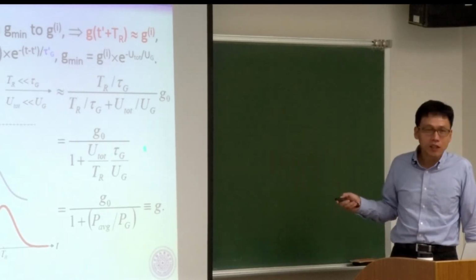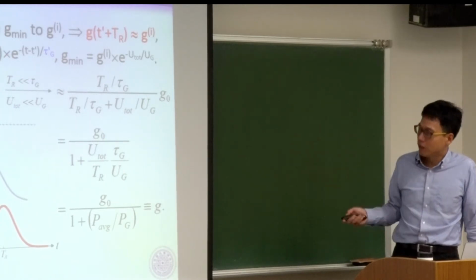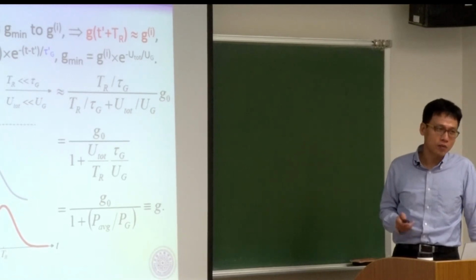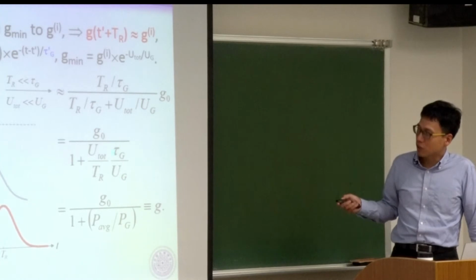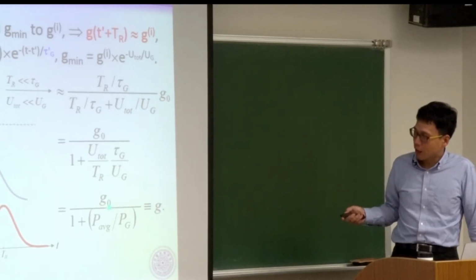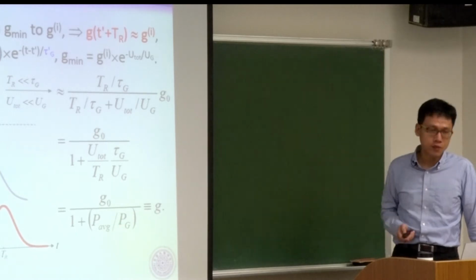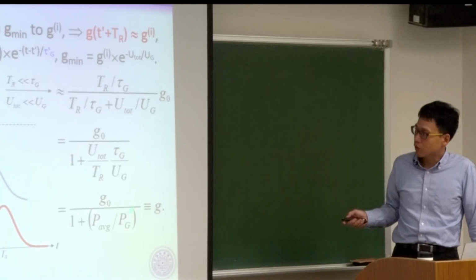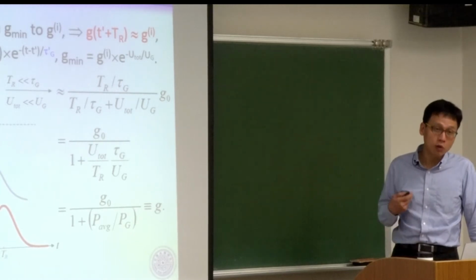How about the second one? Tau g over UG. There is a definition as well. This is the so-called saturation power of the gain medium. Okay? So the 4 terms can be simplified to a ratio of 2 terms. Your average power over the saturation power. Okay? So this is the result. Your constant gain is governed by this simple formula under our assumptions.